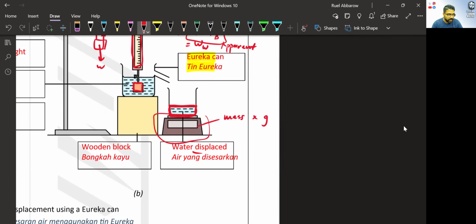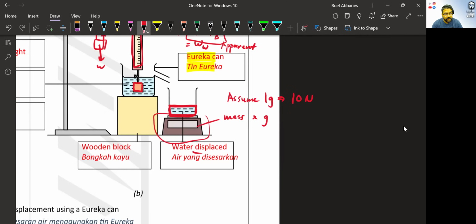Okay, although we use 9.81 in paper 2 and paper 1, pay attention to the question. They might tell you to use 10. Right? They might tell you to use 10. In your textbook, for this part, it says assume 1 gram is to 10 newtons.